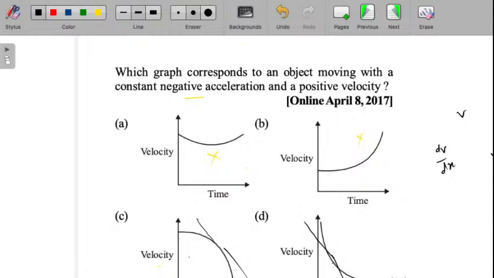The value of del v is varying with respect to del x as x power 1 by 2. So if you choose your initial velocity and acceleration at some point, you need to get a graph which is varying. You can see here the value of the slope is decreasing and here the slope is increasing.